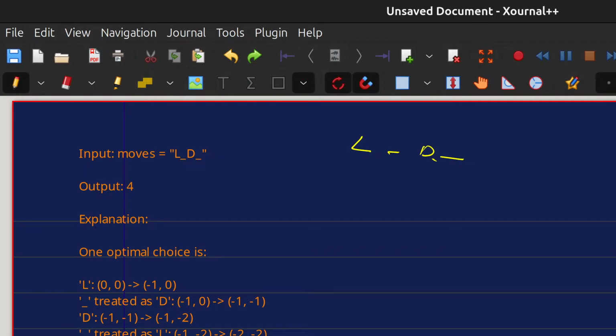Let's say we went 1 unit left, then down, then again we went left. So 1, 2, 3 and 4 it is. You can do it like this.